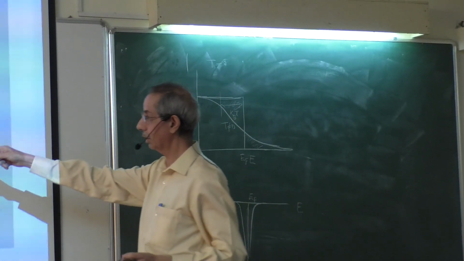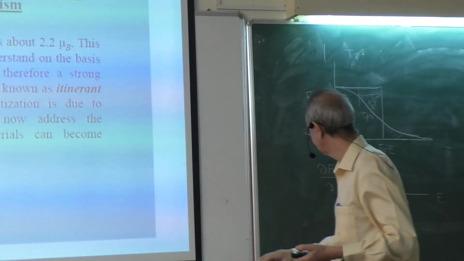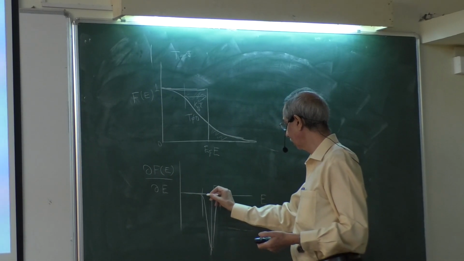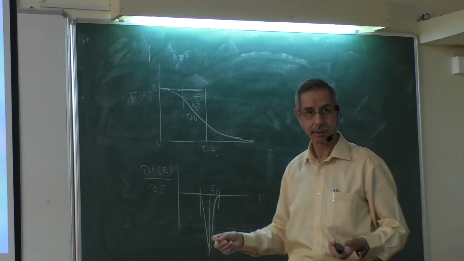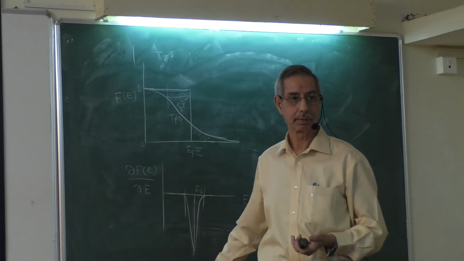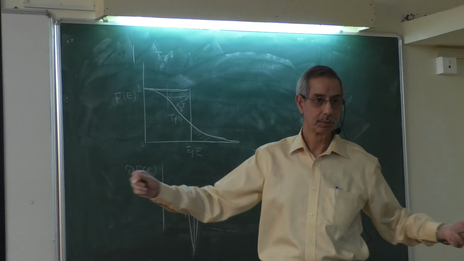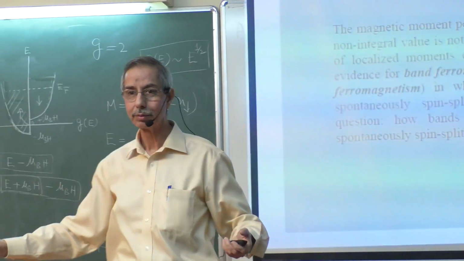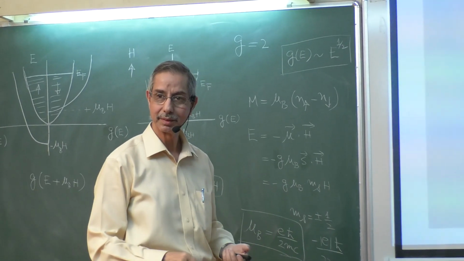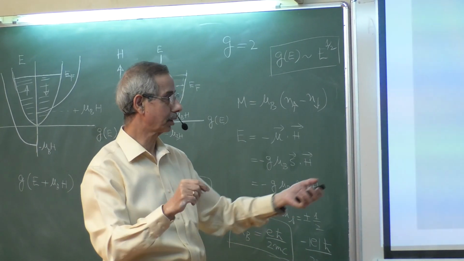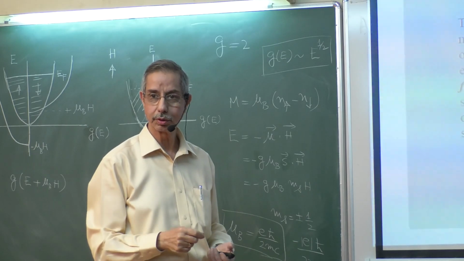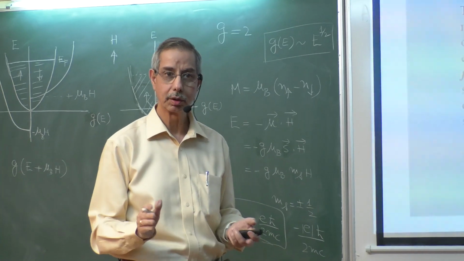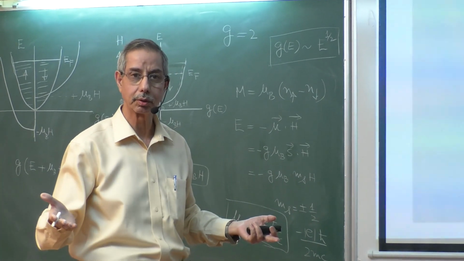So now you can't treat it like this, but this derivative is finite only within k_B T on either side, about 2 k_B T. Otherwise this is 0. So I can again make some approximations and change the limits from minus infinity to plus infinity. Only this energy interval will contribute to the integral; for all other energies away from the Fermi level, the contribution will be 0.